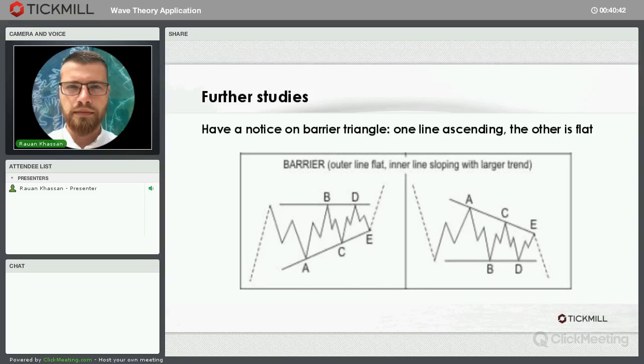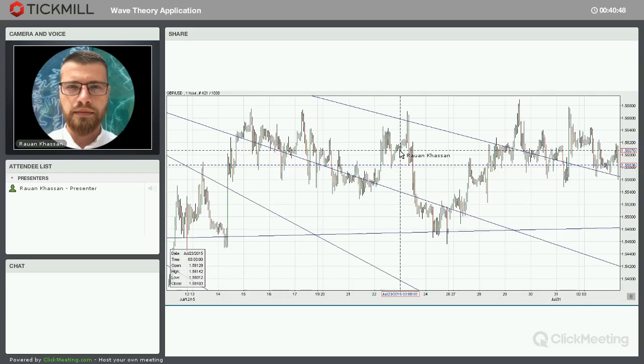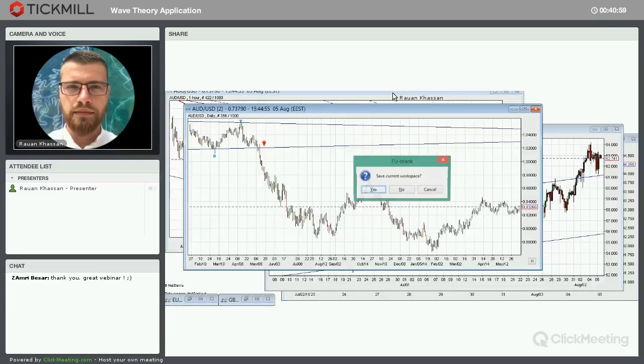Let's see it on clear example once again. We return to live chart, and now we make it with British pound to United States dollar.